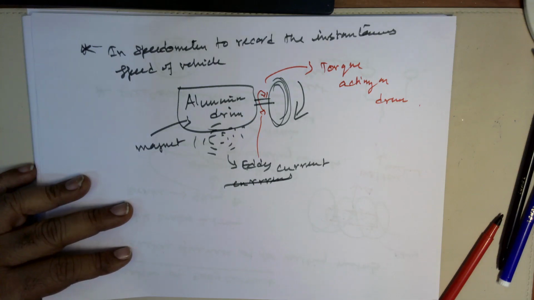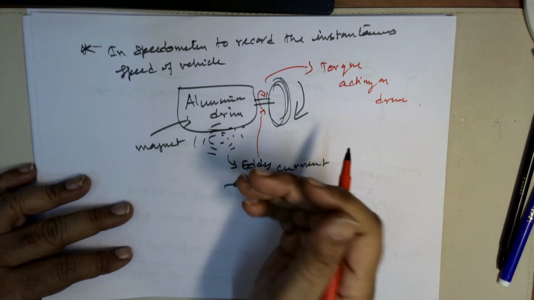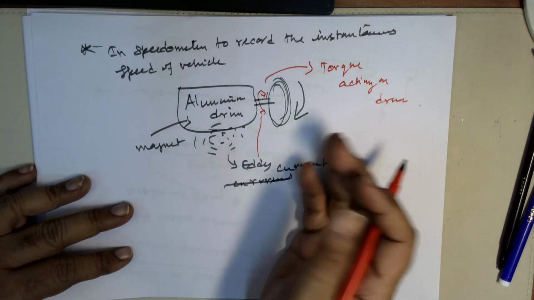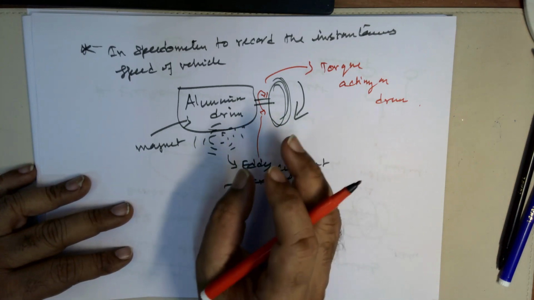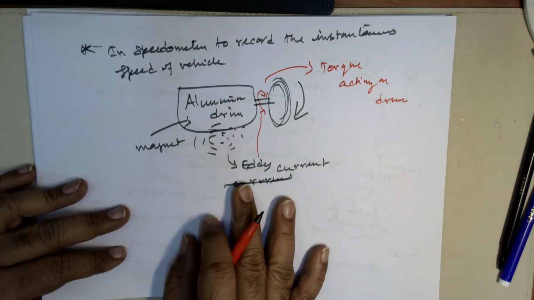So through an angle, this depends on the speed of the vehicle. Thereby we can record the speed of the vehicle instantaneously.